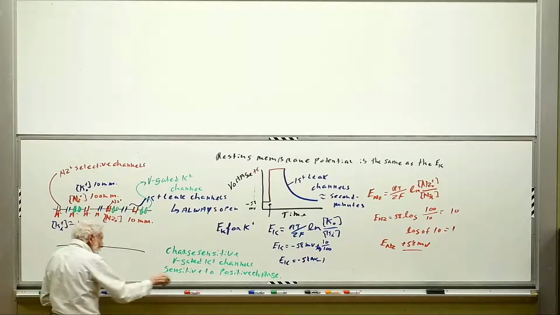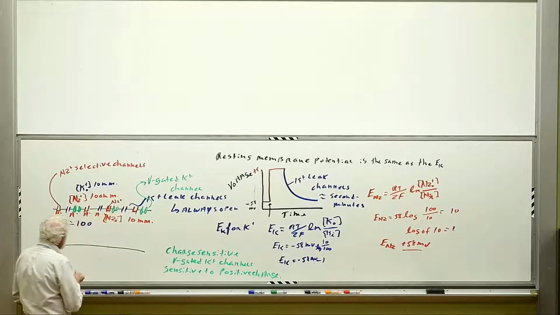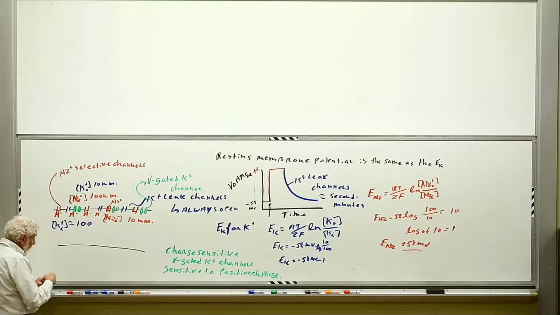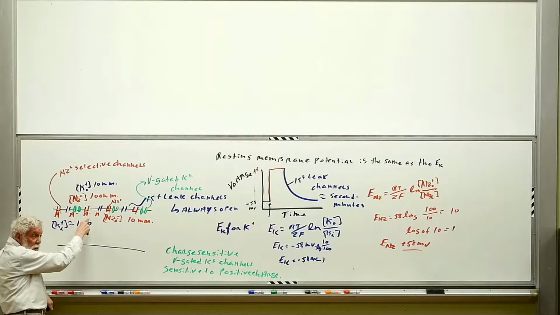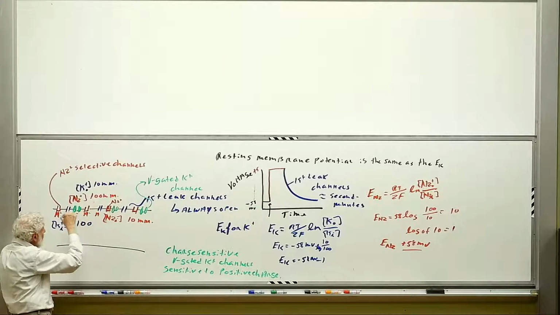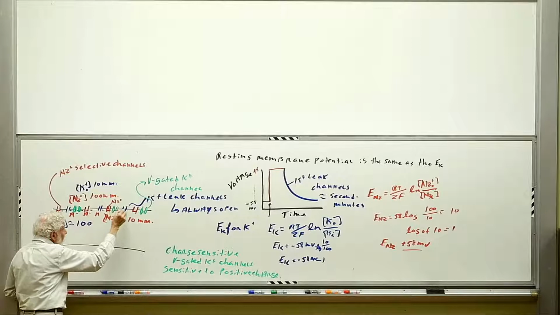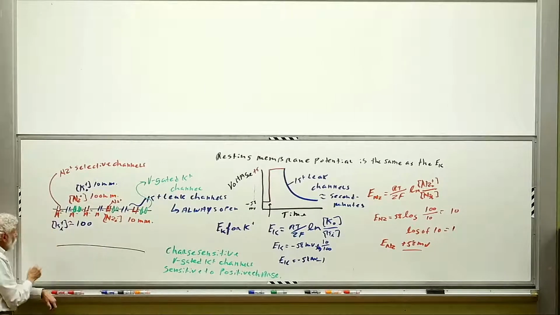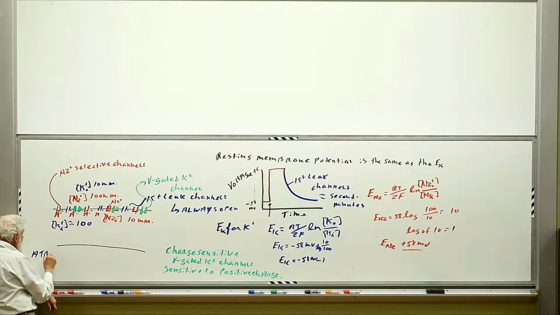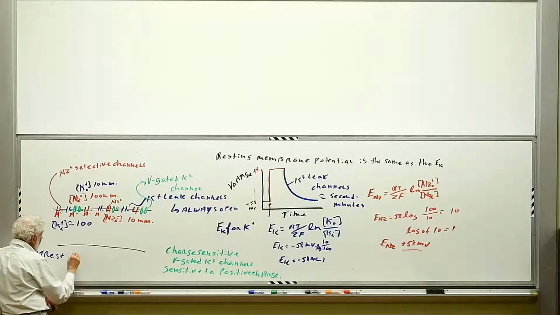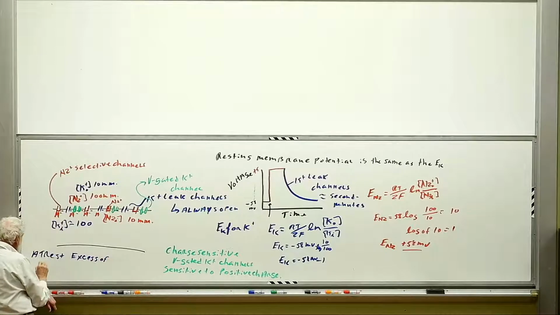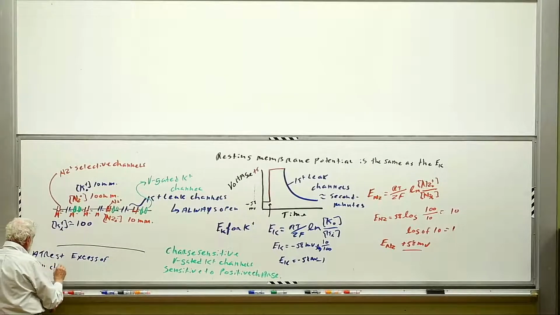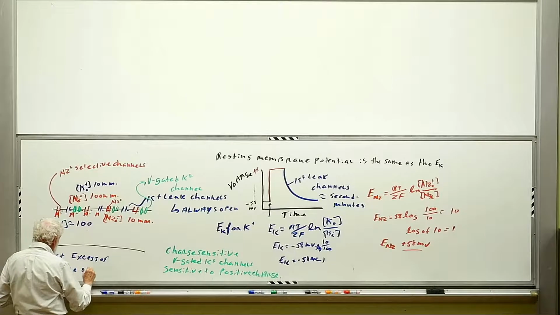So one of the things you have to recognize here is that initially, with the large negative ions on the inside and the separation of charge by the potassium battery, there's an excess of negative charge on the inside of the membrane. So at rest, there's an excess of negative charge on the membrane.